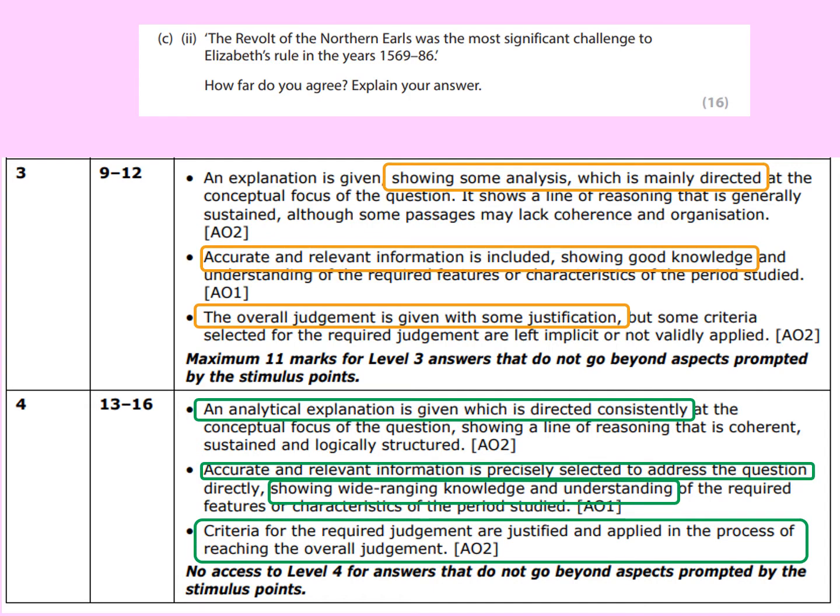Criteria for the relevant required judgment, in other words, various reasons that you're coming to that judgment, are justified and applied in the process of reaching the overall judgment. Do be aware though, you only get a maximum of 11 marks for level 3 answers that do not go beyond the aspects prompted in the stimulus points. That's the bullet points you saw on this previous screen. So make sure that you do include plenty of your own knowledge. You cannot get level 4 if you don't include your own knowledge.